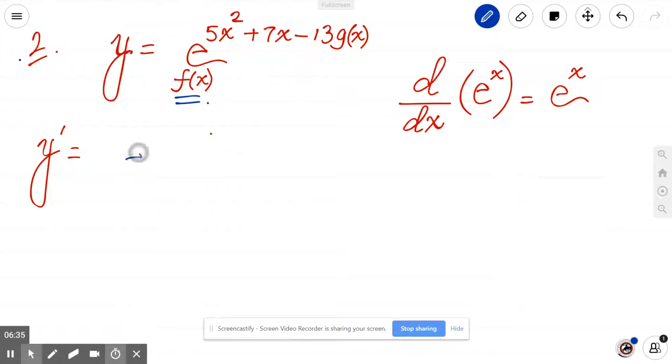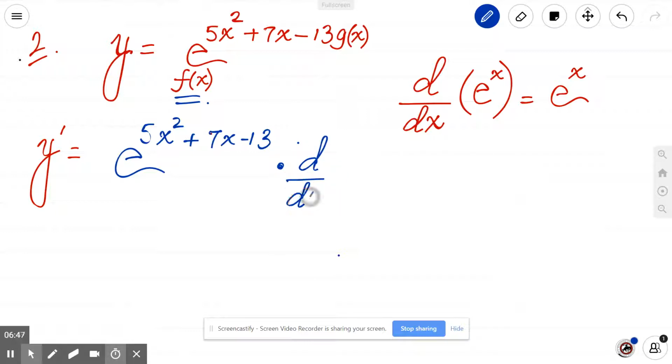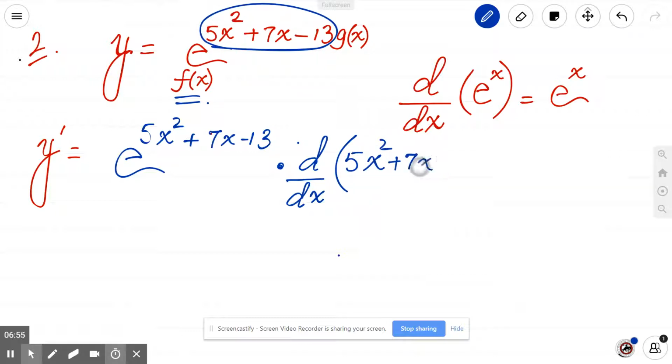So the derivative is going to be the same. So I'll just put e to the power of 5x squared plus 7x minus 13 as my original function, times the derivative of the g of x. So g of x is basically this piece here.